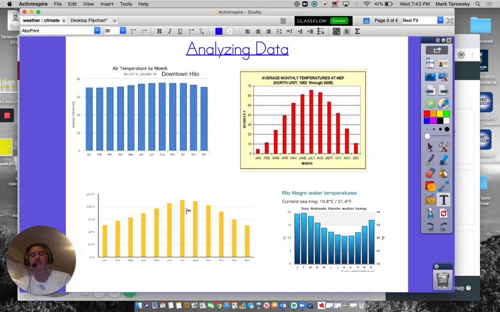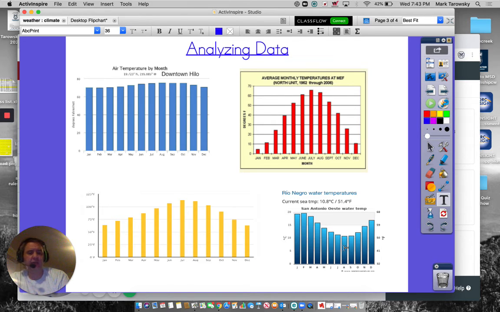Well, this place is Death Valley. It's in the desert in the United States, the hottest place on Earth. We can see that they have 4 months where the average temperature is above 100 degrees. So just by looking at this, I can tell that this is a very hot climate.